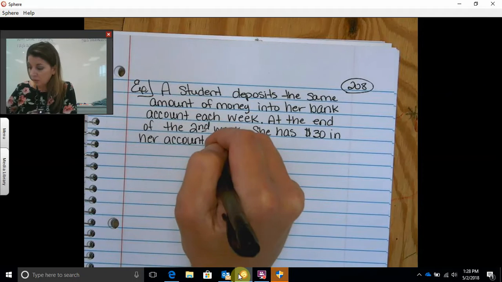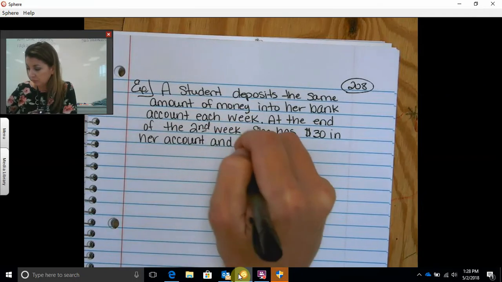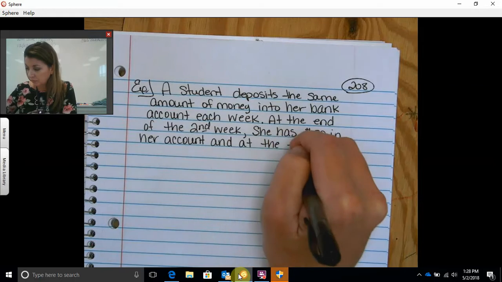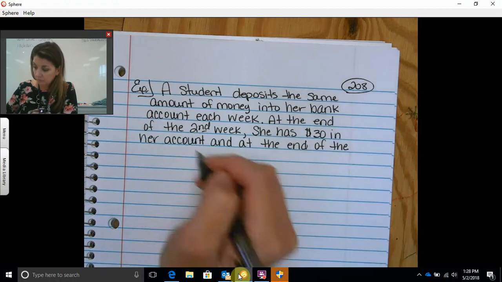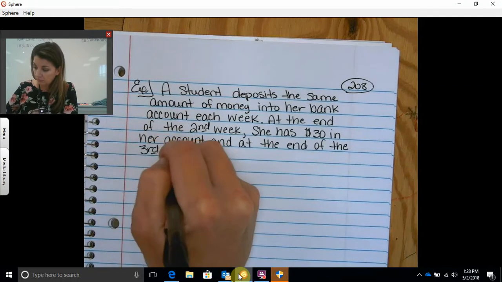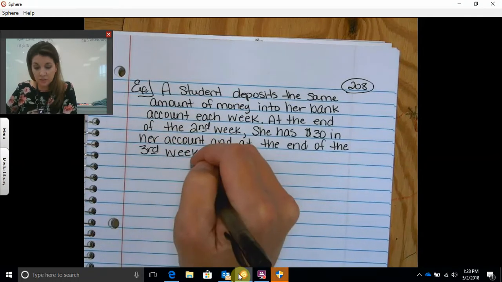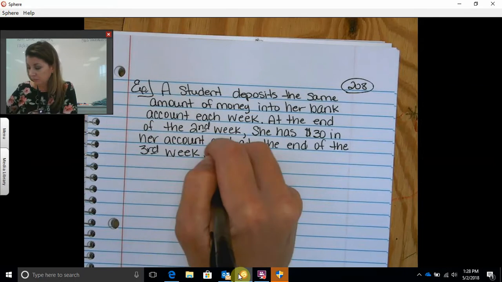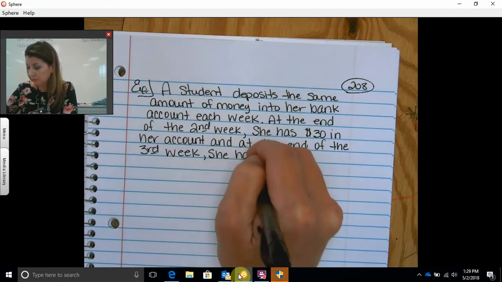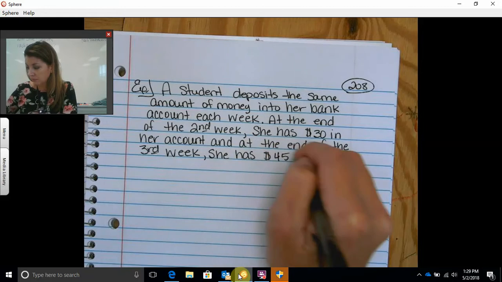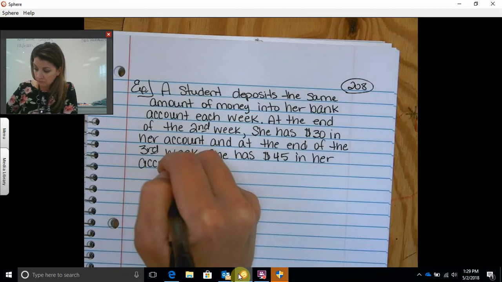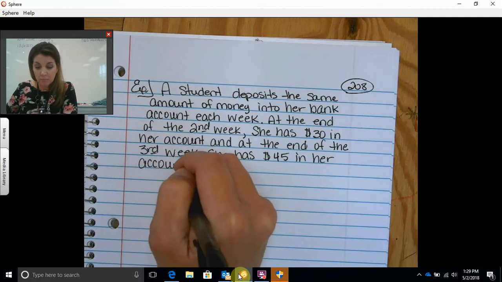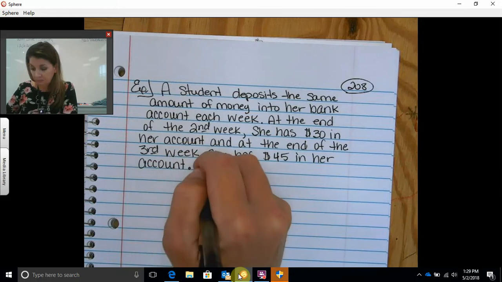And at the end of the third week, she has $45 in her account. How much will she have in her account at the end of the 9th week?